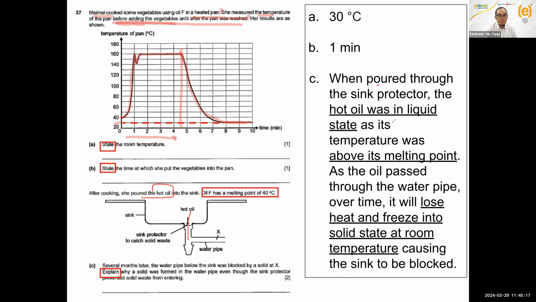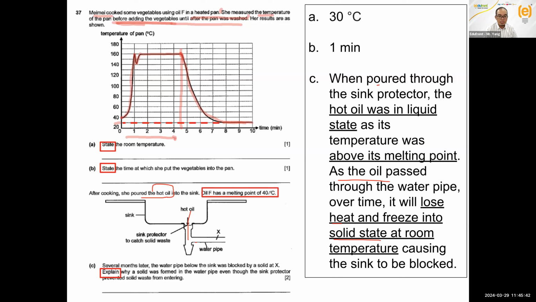So the hot oil was in liquid state when the temperature was above the melting point. Then as the oil passed through the water pipe, over time, it will lose heat and freeze into solid state. If you don't put the word freeze also, I think they will accept. You can say that it loses heat. Now, lose heat is important. You must mention the keyword, lose heat and freeze into solid state. So it turns into a solid state.